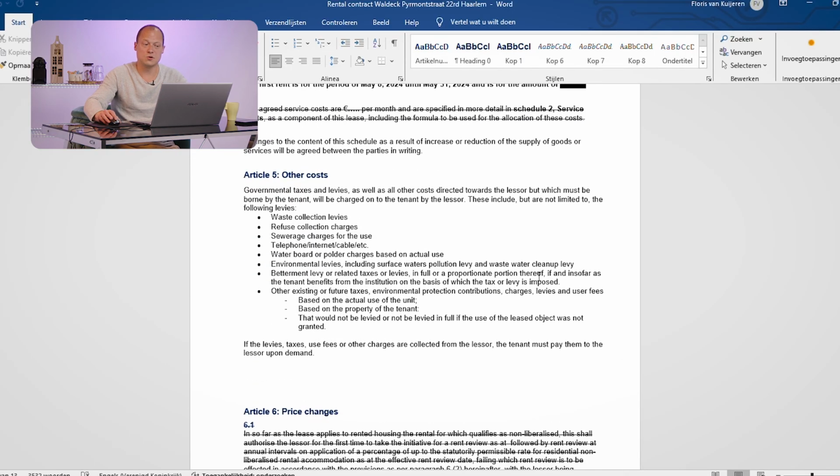Then there's all sorts of costs, mainly the municipality costs. What a lot of people and a lot of tenants don't know is that if you rent out a property, you're a landlord, you will still get a municipality tax over that property. And you get it for one part of the municipality cost, and we call that the zakelijke lasten.